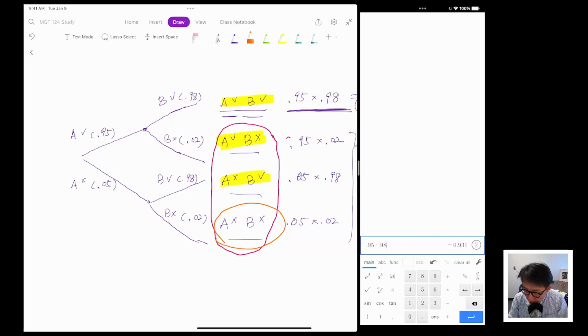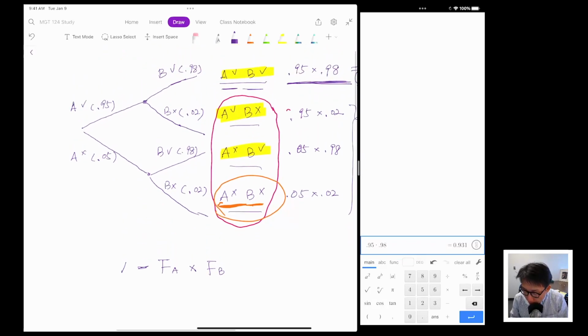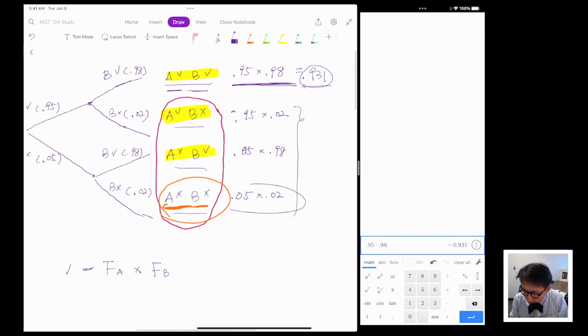Calculation-wise, what does that mean? It's simple. You need to do 1 minus the probability of failure for A multiplied by the probability of failure for B. So you're basically ruling out only this particular scenario, and then calculating the probability for all the other scenarios. All those scenarios basically mean 1 minus this particular scenario, because all 4 scenarios combined have to equal 1.